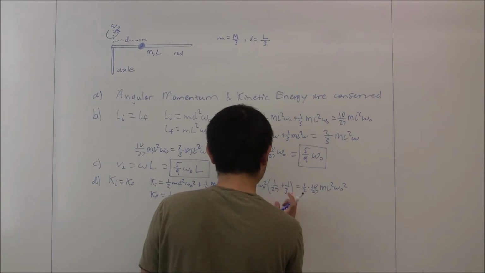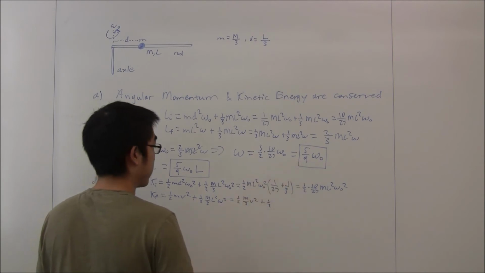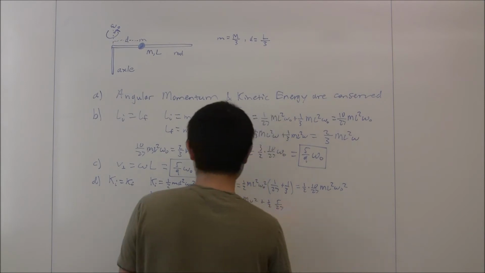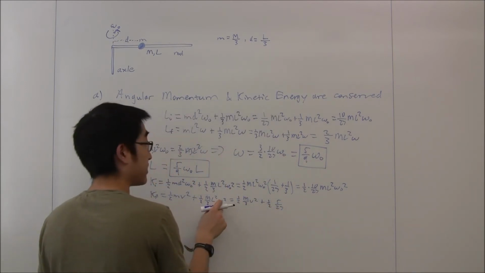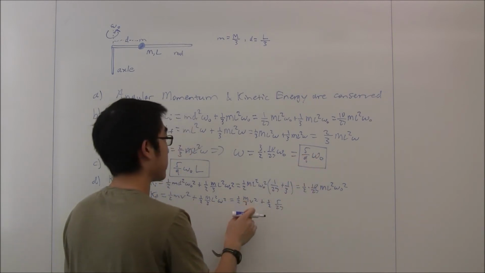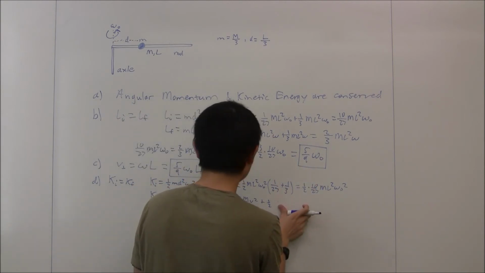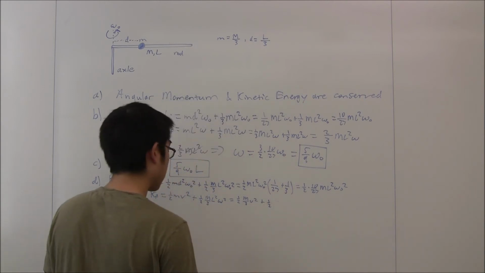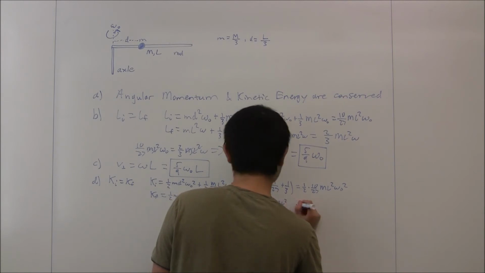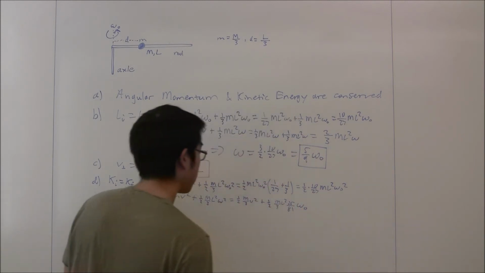half of, well, omega is just 5 over 9 omega naught, so we have 5 over 27, and it's omega squared. So since omega is 5 over 9 omega naught, omega squared is 25 over 81 omega naught squared. So this is going to be M over 3 L squared and 25 over 81 omega naught squared.